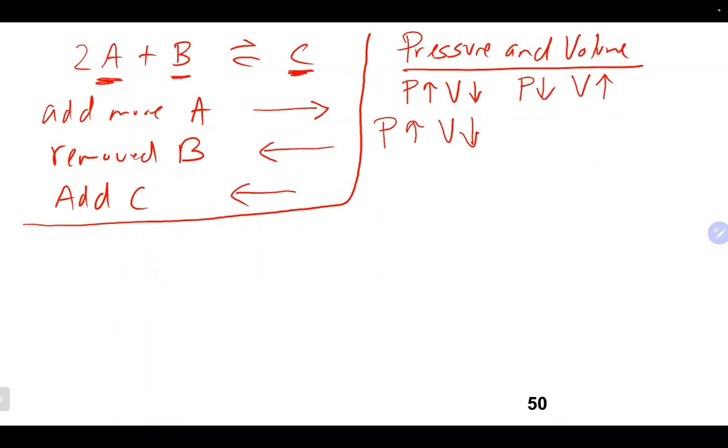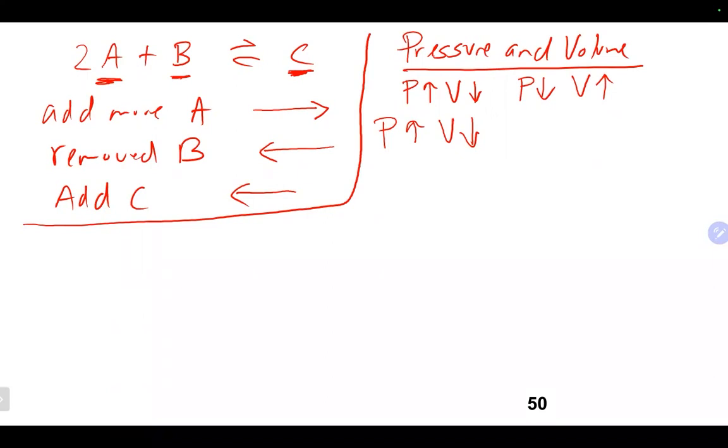So if we wanted to counteract the pressure going up, would we need more gas molecules or fewer gas molecules in the smaller volume? Let's just say I put a lot more gas molecules in the small volume. Would the pressure continue to go up or would it come down? It would go up, right? A lot more gas molecules, a lot more collisions, pressure goes up.